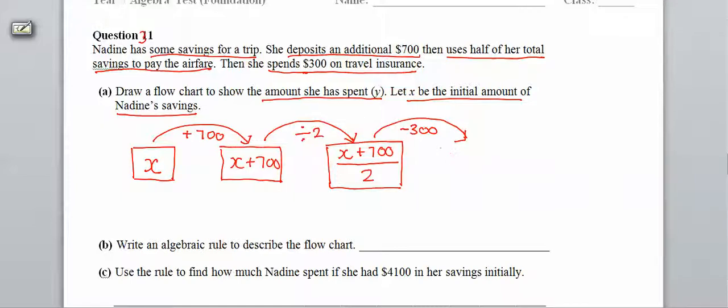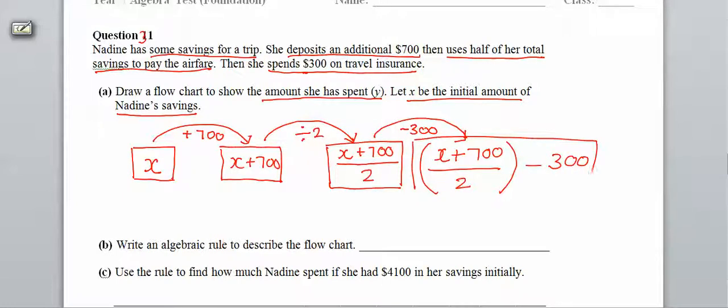We have to remember that we're taking $300 from the whole amount. So we've got X plus 700 divided by 2, and we'll put this in brackets because we want to take our 300 from the whole amount. Okay, so this is our flow diagram for A.